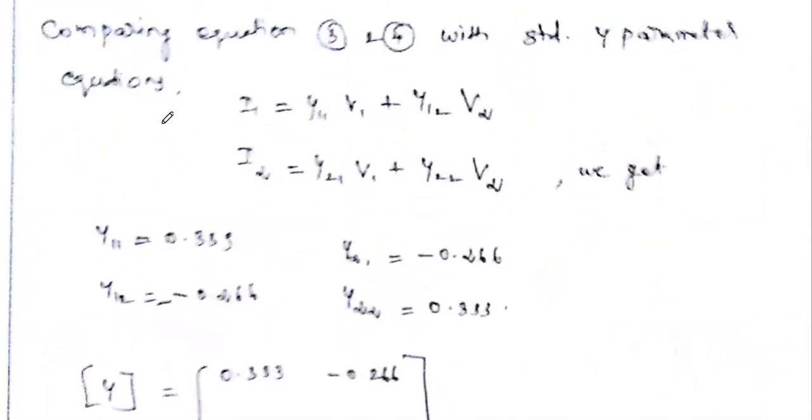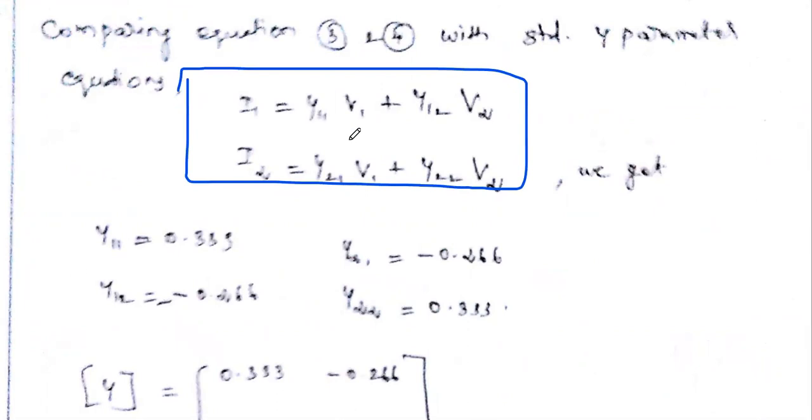Let us compare equation number 3 and equation number 4 with our standard y parameter equation. What is the y parameter equation? I1 equal to y11 V1 plus y12 into V2. I2 equal to y21 V1 plus y22 V2.